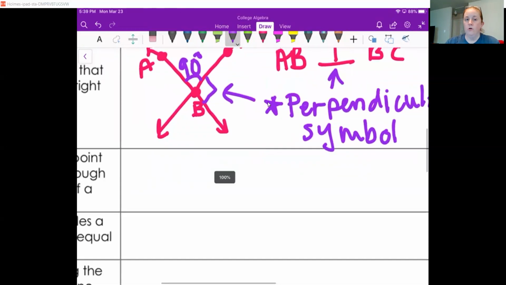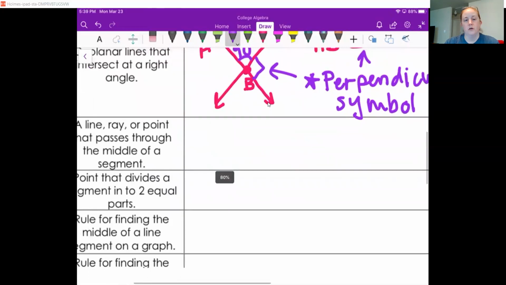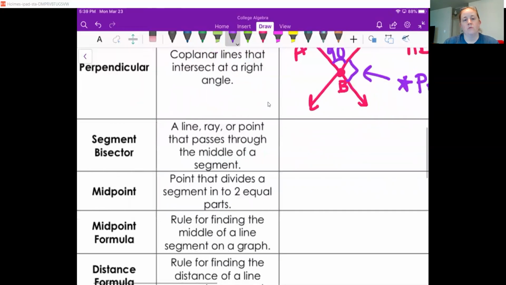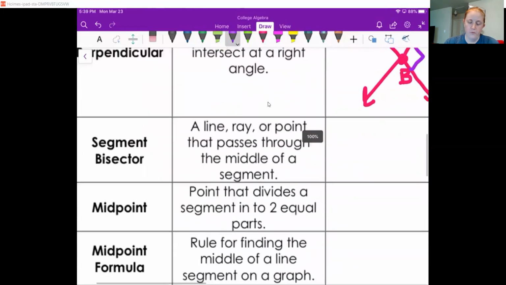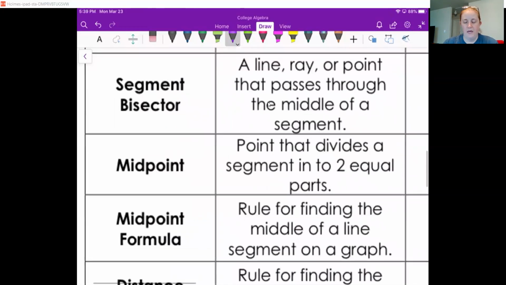All right, moving right along, our next 2 terms are very similar to each other. We have segment bisector and midpoint. So the segment bisector, like it says there, is a line, a ray, or a point that passes through the middle of a segment. And what is the midpoint? That is the middle of a segment.